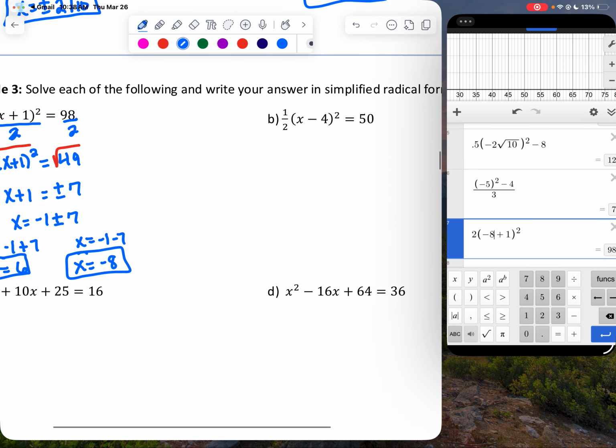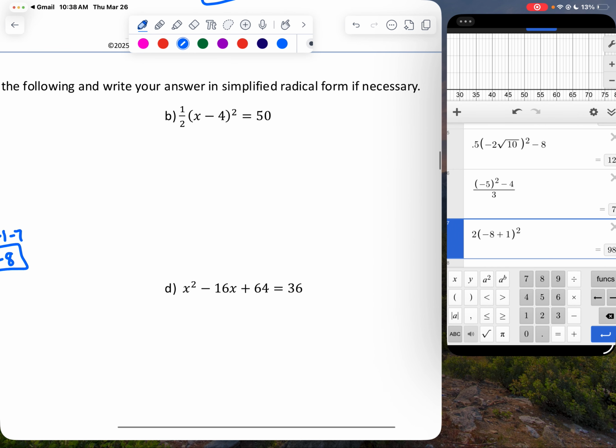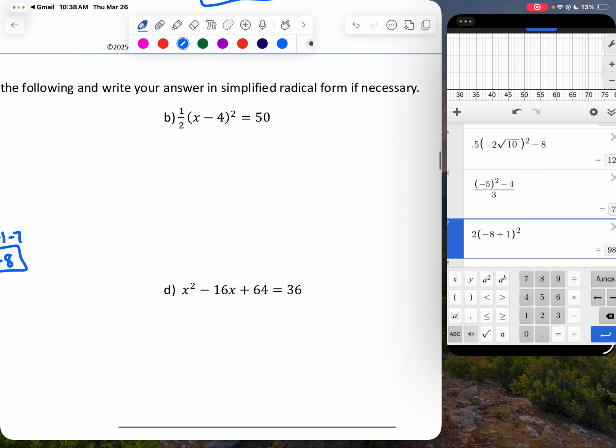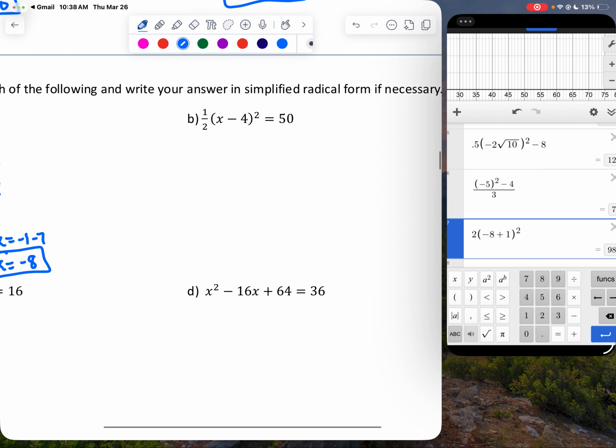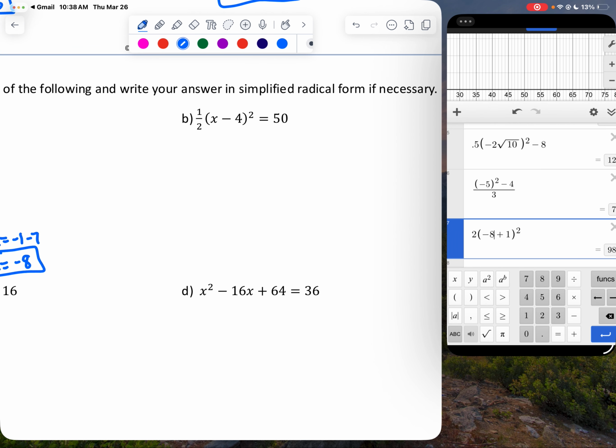All right. Problem B, we have 1/2 times the quantity x minus 4 squared is equal to 50. So I'm going to multiply both sides of this equation by 2 before we even start. So 1/2 times 2 is just 1. So this is x minus 4 quantity squared is equal to 100.